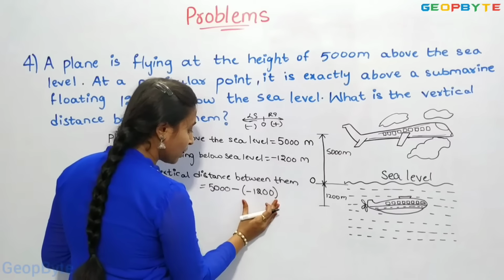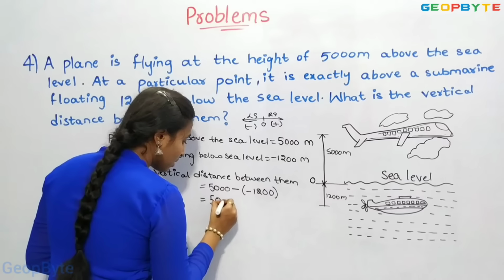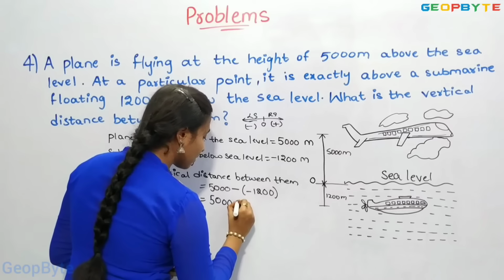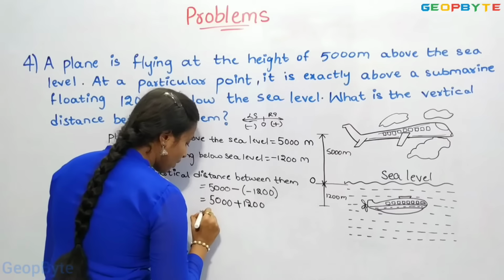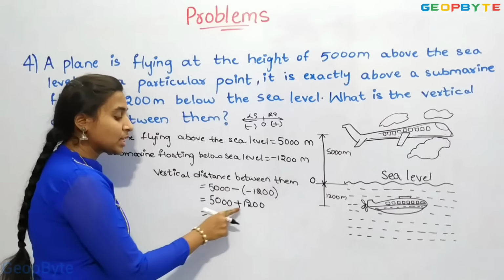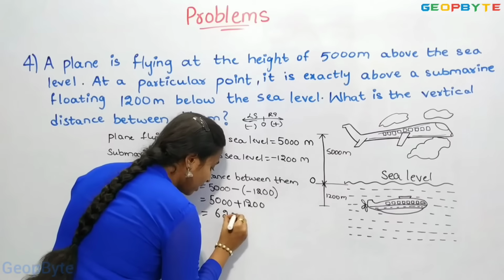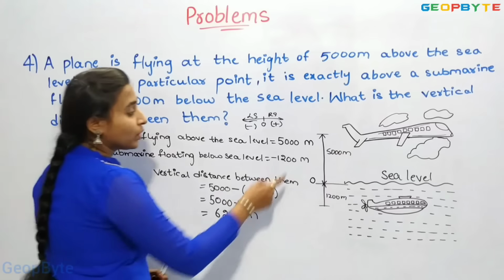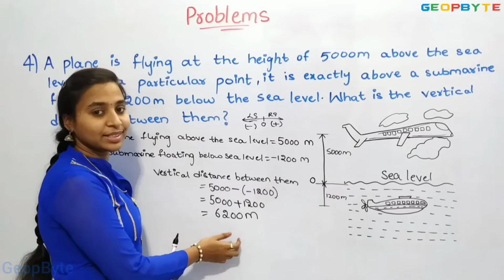We have put it in a bracket. Now 5000, minus into minus plus 1200. 5000 plus 1200 is 6200 meters. So the vertical distance between them is 6200 meters.